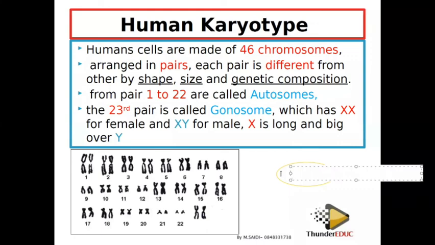So we are saying this is a human karyotype. Let us also put an arrow there that's going to show what we are talking about exactly. Okay, this is a human karyotype.